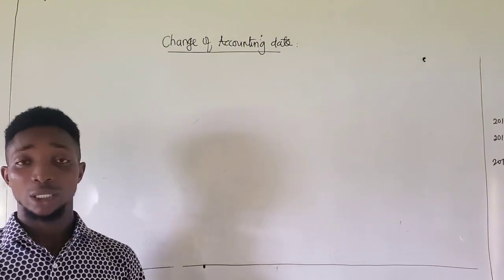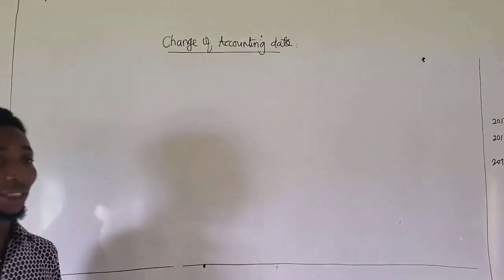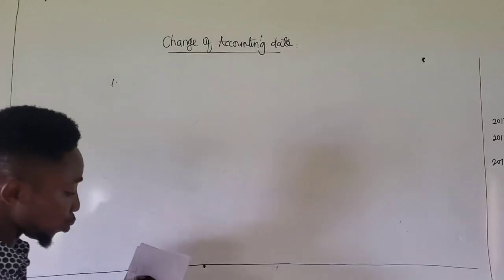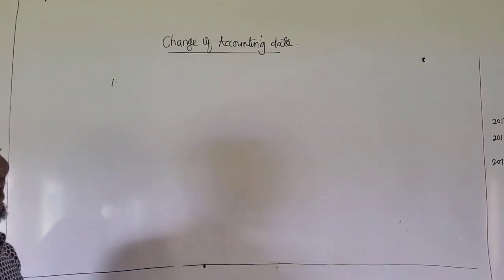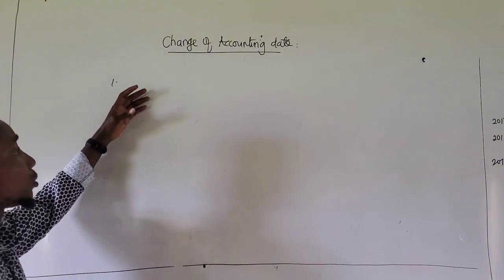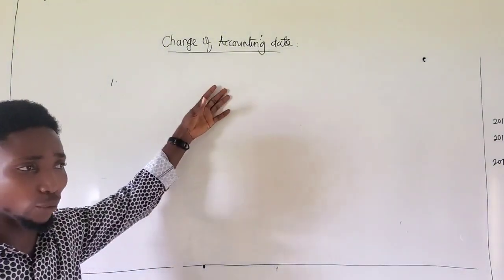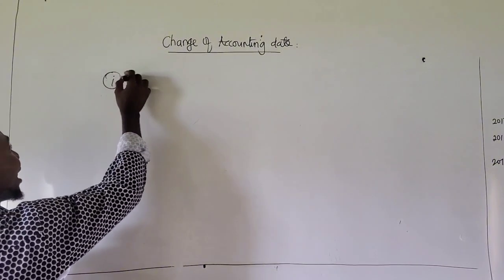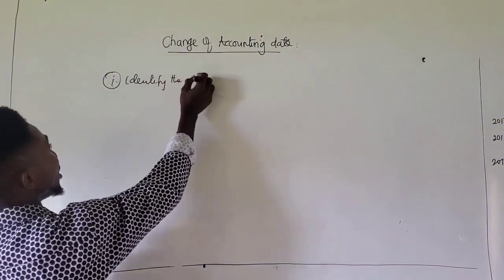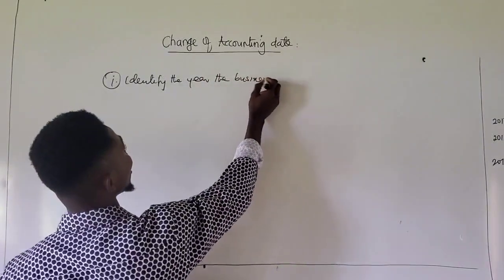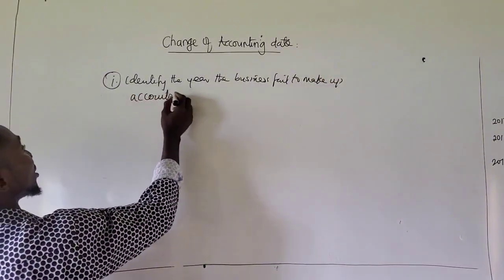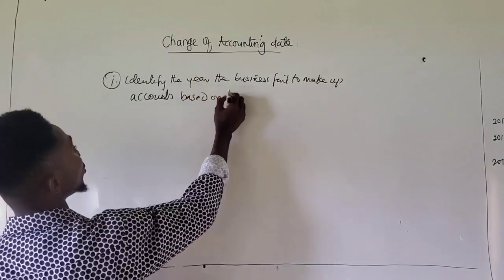In a nutshell, the principles to apply when there is a change in accounting date are: Roman figure 1, identify the year the business failed to make up accounts based on the old accounting date, and the 2 years following.